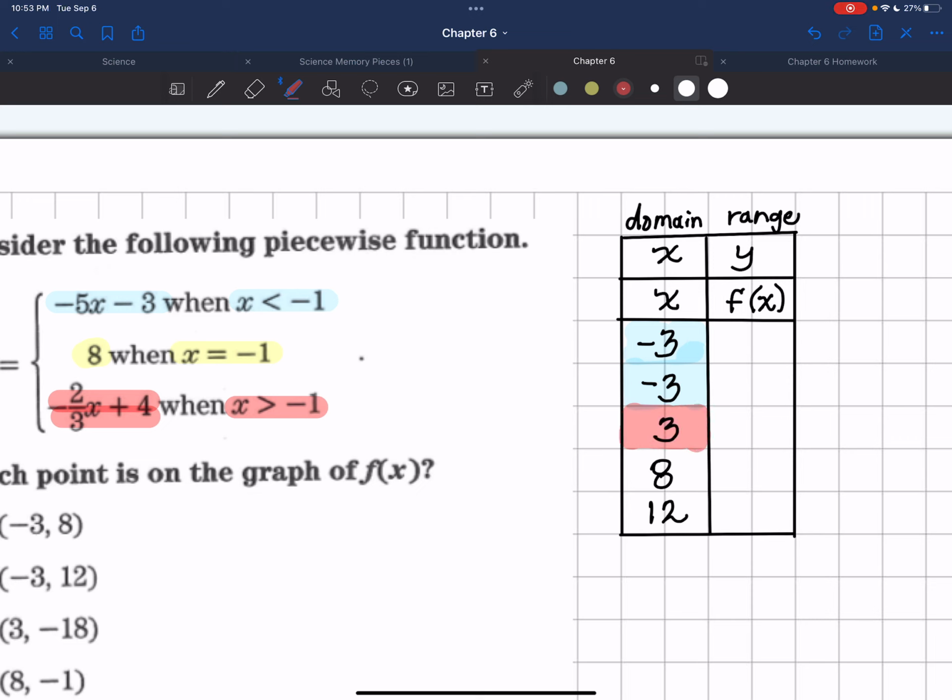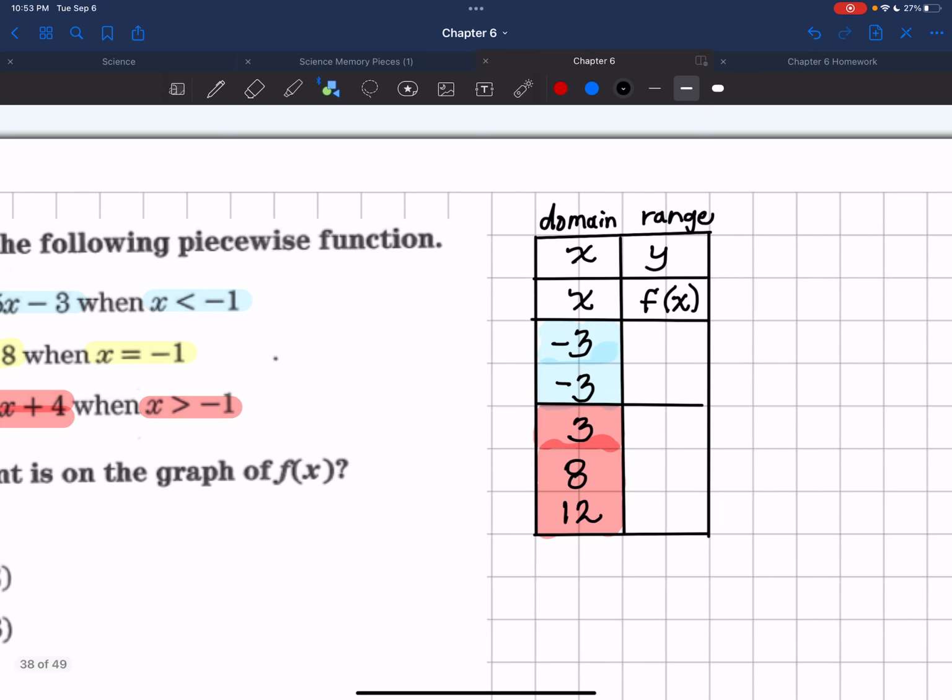And when x is greater than -1, that would use the red for these two. So we won't use the yellow at all, and that's okay. You don't have to use the yellow. Just depends on your values of x. So for my values, I'm going to use two different functions.